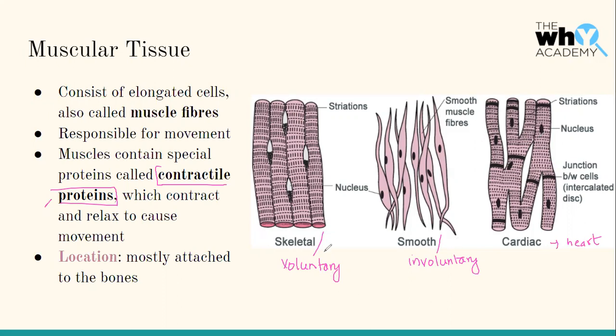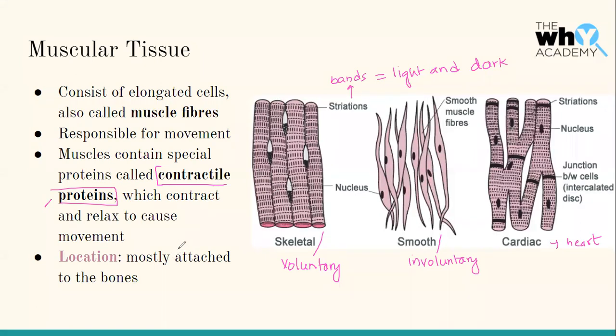Skeletal or voluntary muscles have striations. What are striations? Basically bands. Let me just write bands here. To help you remember why bands, I can connect these two for you.